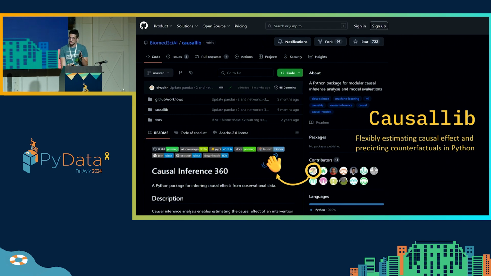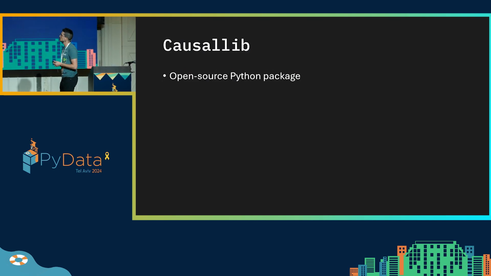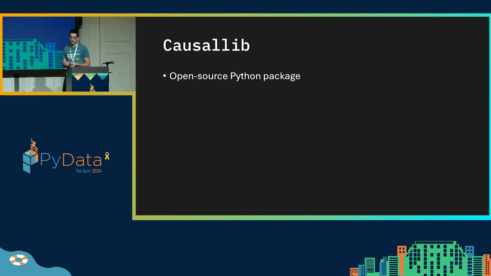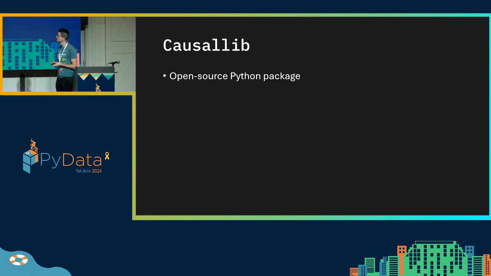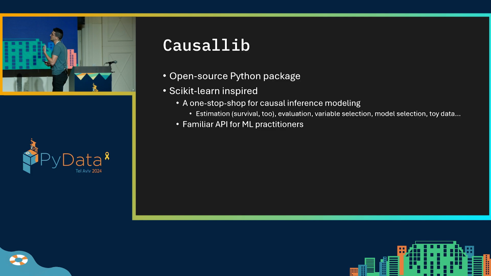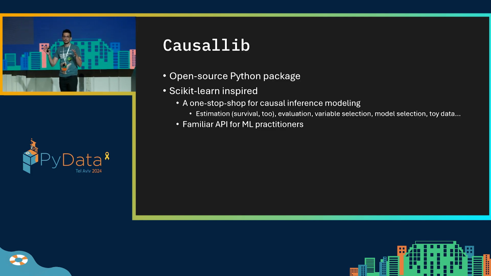And now, which brings us to Causallib and how to estimate causal effects in practice. This will be a brief tour of the package. So Causallib is an open source Python package I created with the help of the team at IBM Research about 5 or 6 years ago. It is scikit-learn inspired, both in its goal to be a one-stop shop for everything causal inference, right?